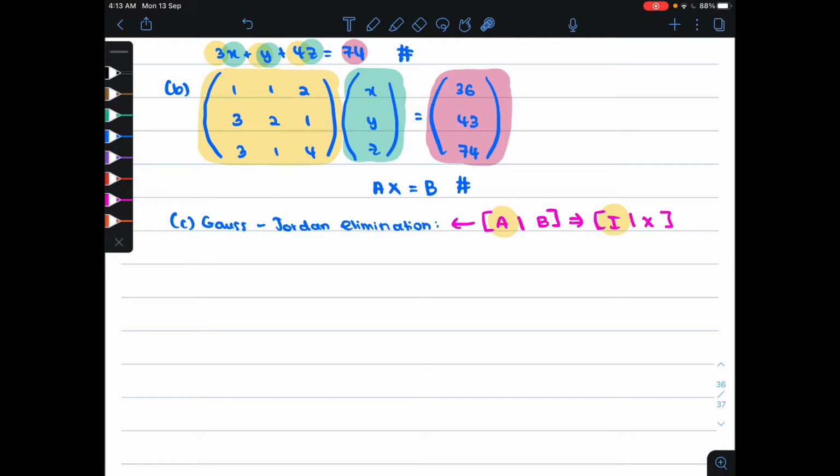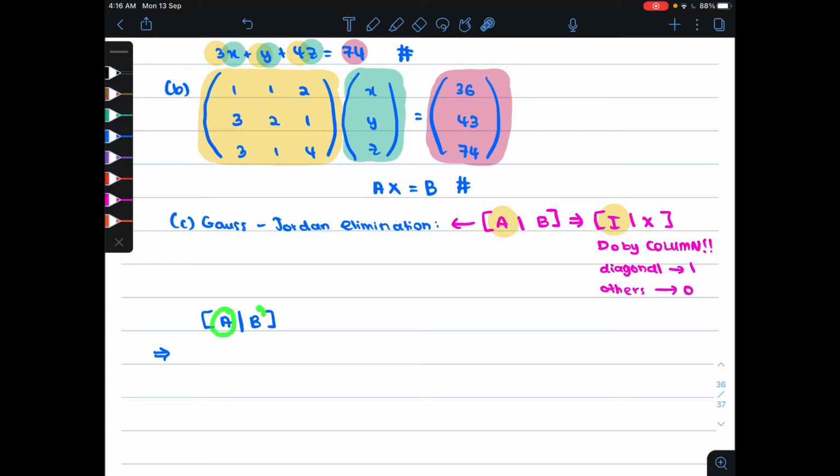So, kita akan apply konsep ERO kat sini. Do column by column. Change the diagonal to become 1, that's your first step. And then you change others to become 0. So, kita akan start dengan A, B dulu.